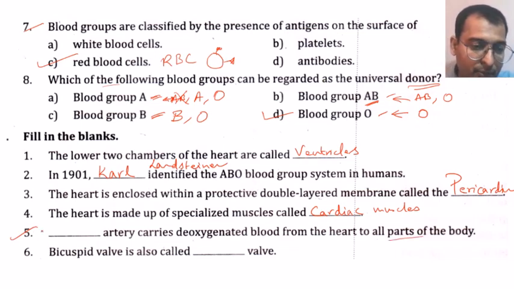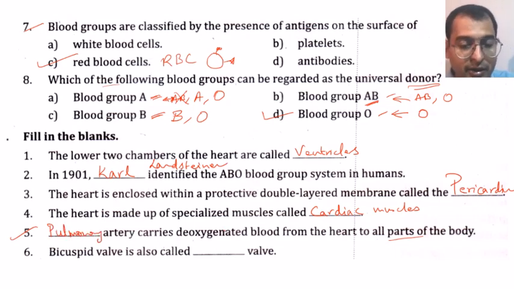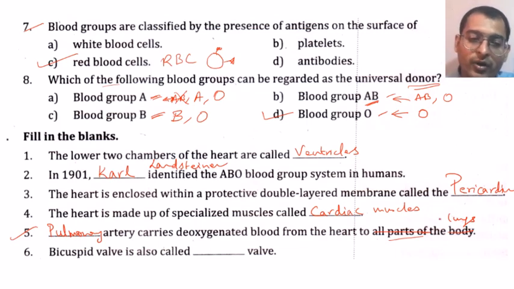It should be like pulmonary artery carries the deoxygenated blood from the heart to the lungs. Correct. And when it has entered the lungs, there it will get oxygenated, and via the pulmonary veins it will come back to the heart, okay, through the left atrium, into the left atrium.